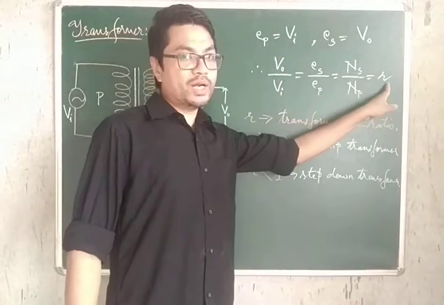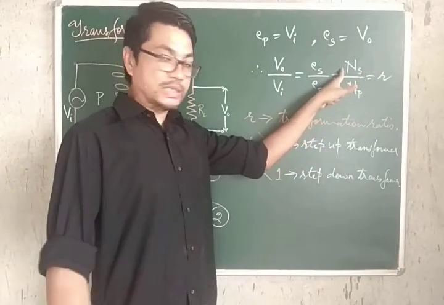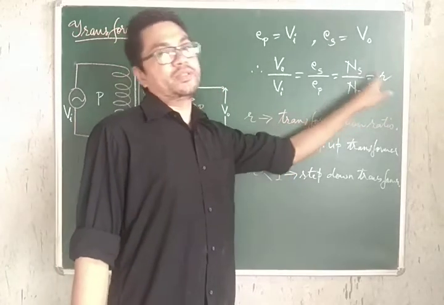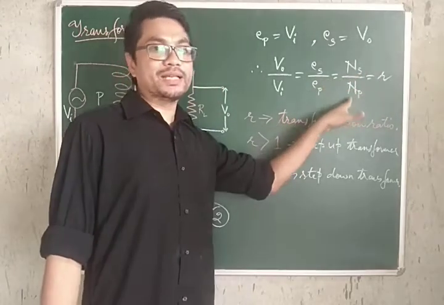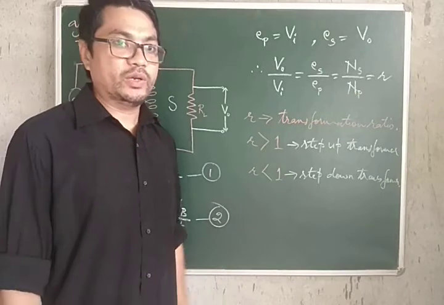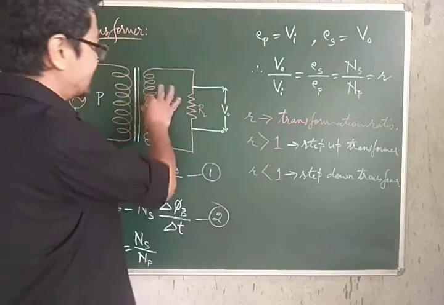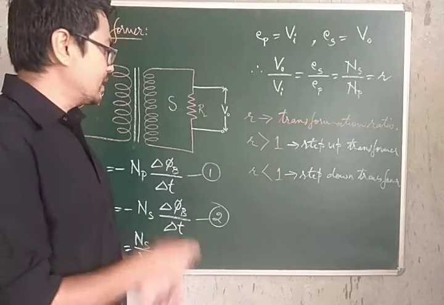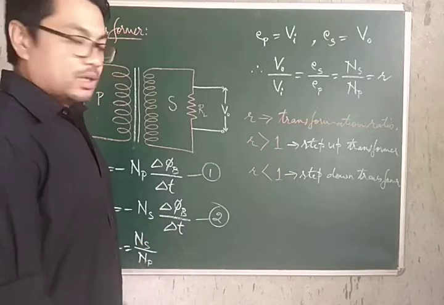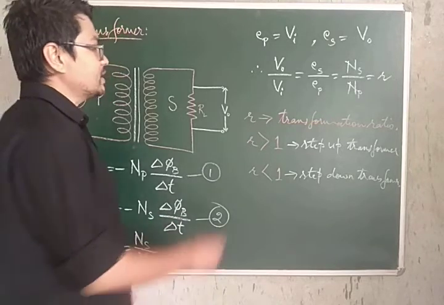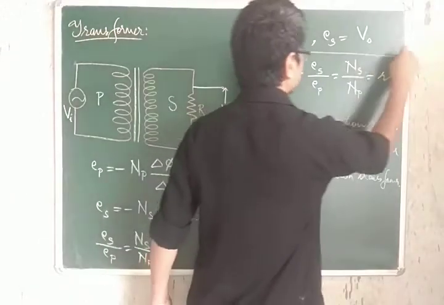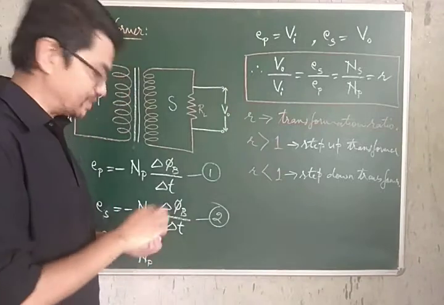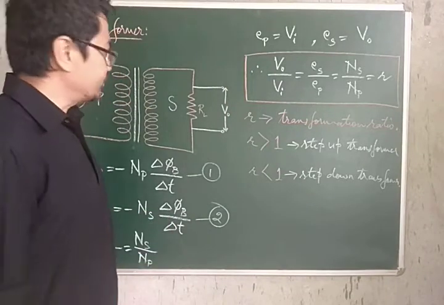If r is greater than 1, then the number of turns in the secondary will be greater than the number of turns in the primary. Whereas if r is lesser than 1, then the number of turns in the secondary will be lesser than the number of turns in the primary. That is the criteria I mentioned earlier for step up and step down transformers respectively. Do remember this important relation: r is called the transformation ratio.